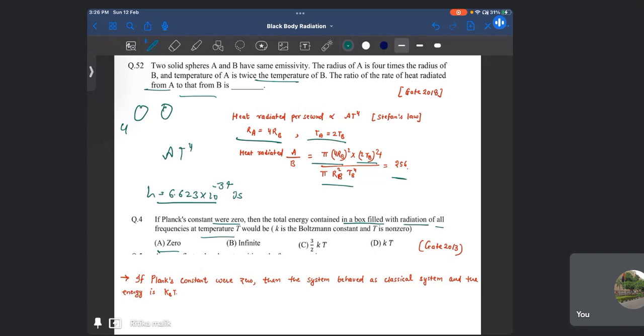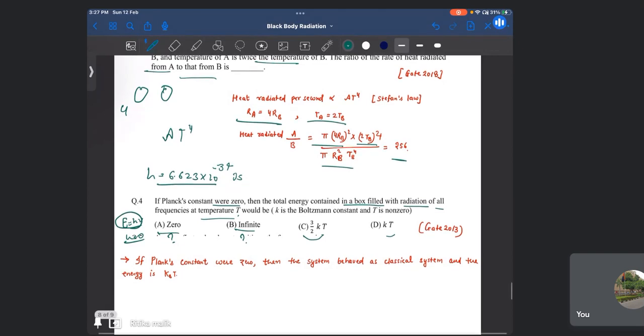Planck's hypothesis says that energy should be h nu, and now you put h equal to zero, but your temperature is finite. So is your energy zero? Is it infinite as shown by Rayleigh's law? Is it 3 by 2 kBT, which is the degrees of freedom, or is it kBT? That question was asked in GATE 2013, and it's a really conceptual question.